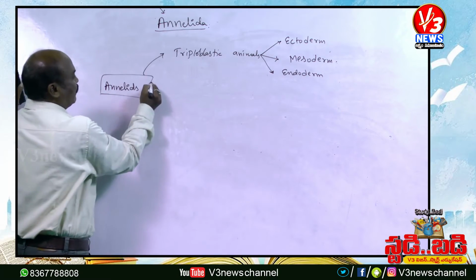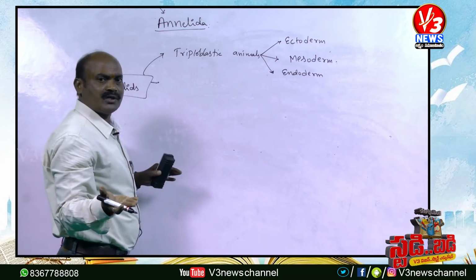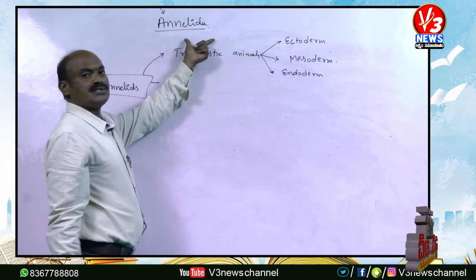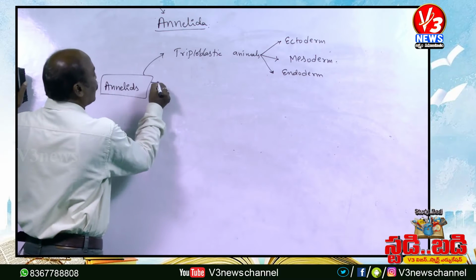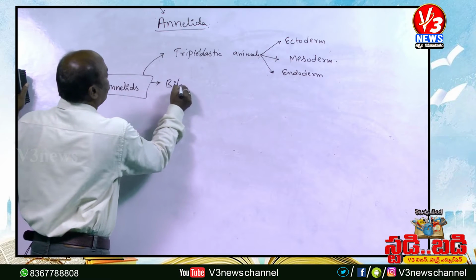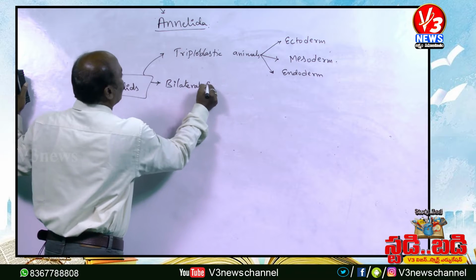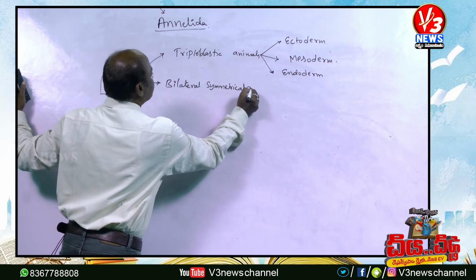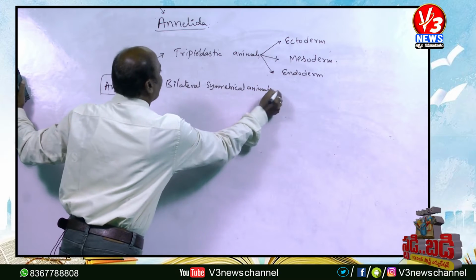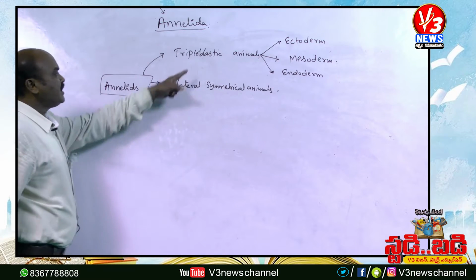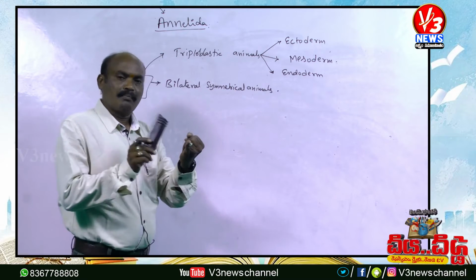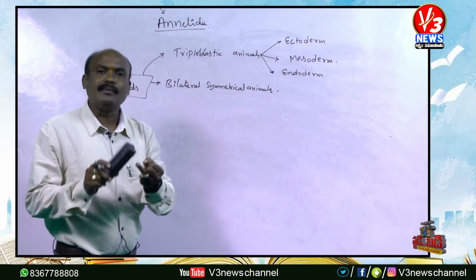So, in another way, this is the common character for flatworms, roundworms, as well as annelids. These are also bilateral symmetrical animals. They exhibit bilateral symmetry. These are the two common characters for the Platyhelminths group and the nematode group.